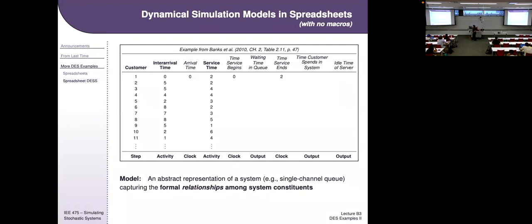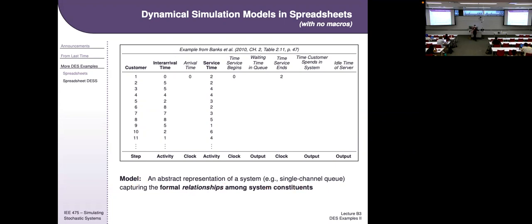In this example from Banks chapter 2, on page 47, it gives us inter-arrival times and service times, just like we did on the homework, part 2, the regulation part. And then the question is, how do we fill in the rest of this table? Well, a model is an abstract representation of a system which captures the formal relationships among constituents.